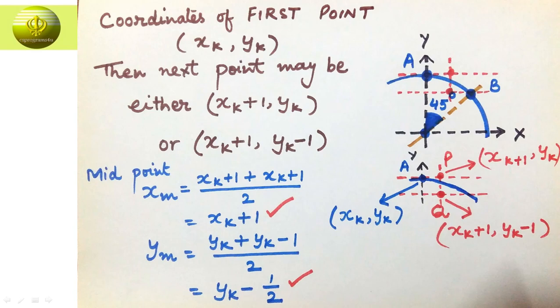The coordinates of the first point are xk and yk, and the next point may be (xk plus 1, yk) or (xk plus 1, yk minus 1). It means two possibilities are there for the second point.